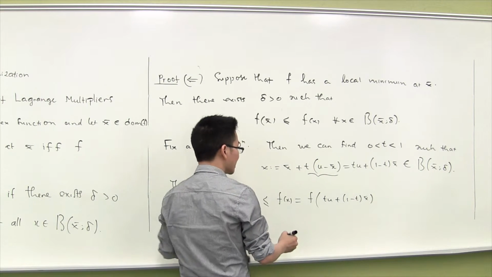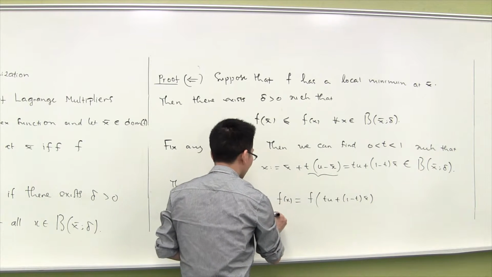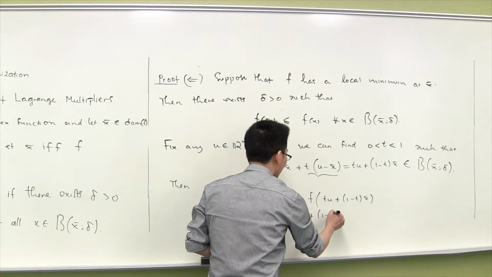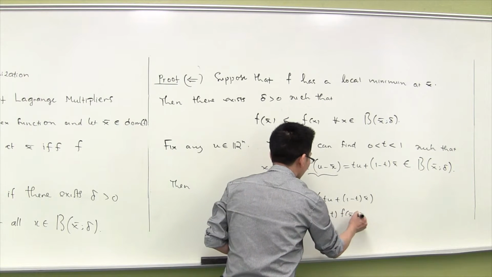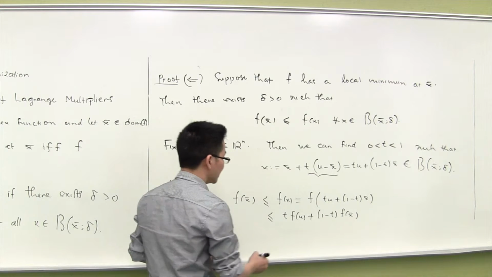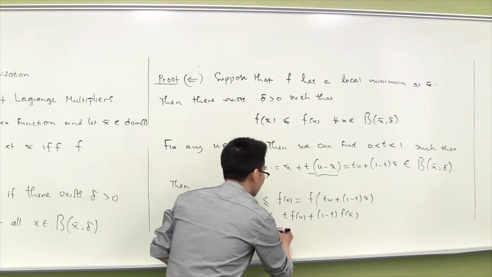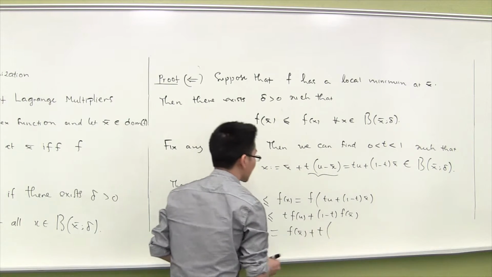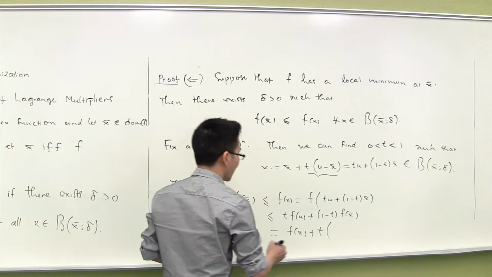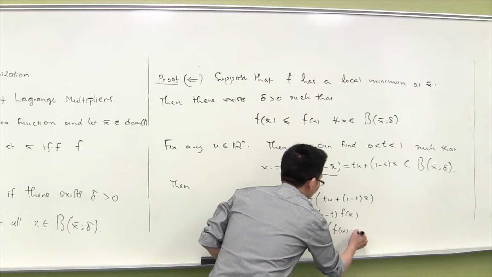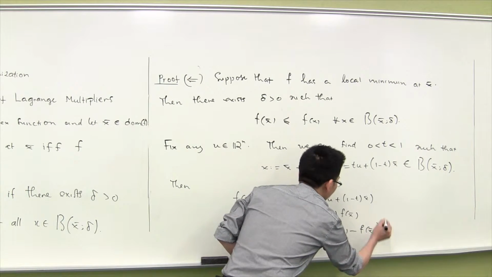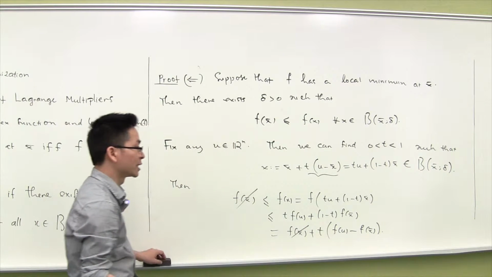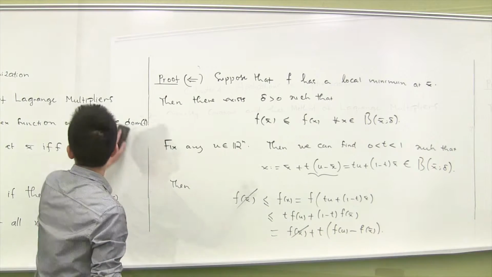So by the convexity of the function f, this is less than or equal to t times f of u plus (1 minus t) times f of x bar. And this can be written as f of x bar plus t times (f of u minus f of x bar). Okay? Now here we can cancel f of x bar from both sides and obtain the following.